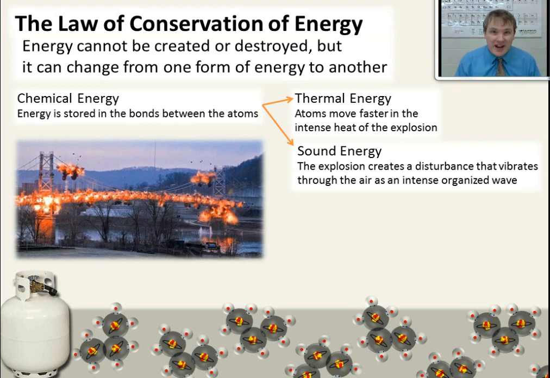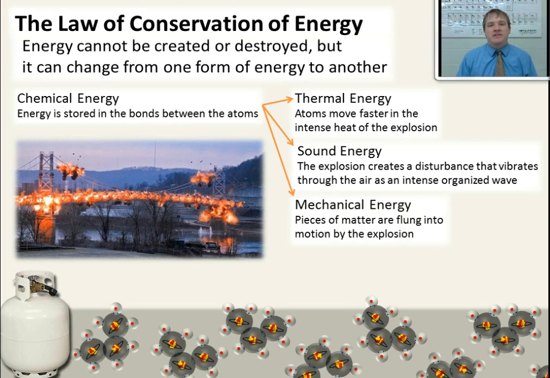Another thing that's going to happen to this bridge as it blows apart and pieces of it are launched all over the place and the whole thing collapses, mechanical energy is going to be developed from this as well. So we've got three forms of energy that relate to moving atoms that are being generated because we are converting chemical energy into these forms of energy.